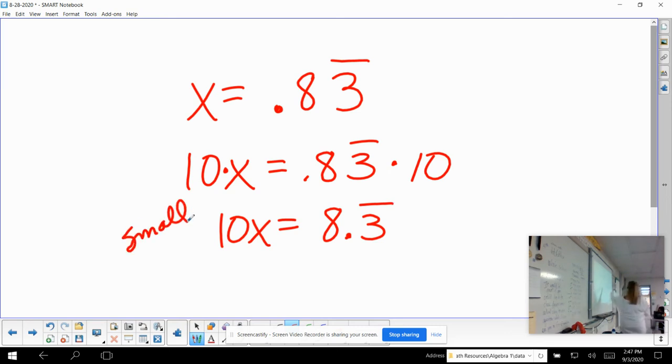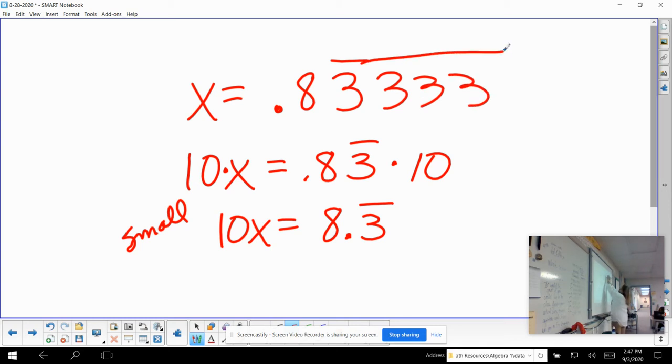And then we need to have one of the 3's with the 8 and all the other 3's. Just remember, there's a whole ton of them. We need all the rest of them here. So how many moves is that? 2. If it was 100 moves, our multiplier would have 100 zeros on it.